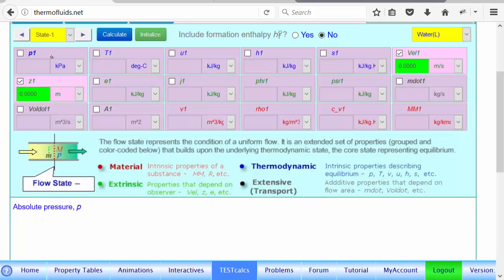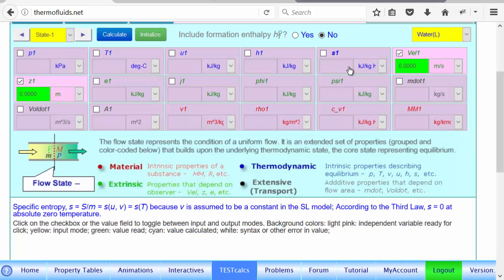However, the underlying equilibrium, the blue properties, P, T, v, u, h, s, etc., you will see that they are the same group of properties that you encounter in a system state or a flow state. So a flow state kind of builds over this core thermodynamic equilibrium.